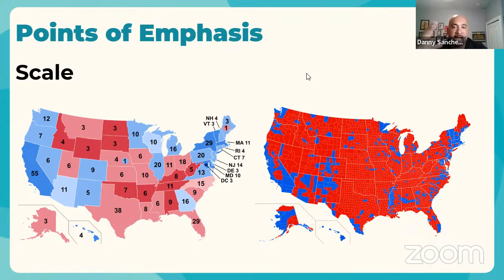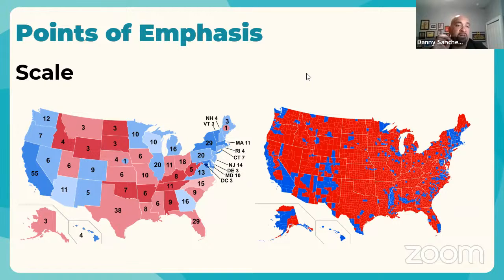What does scale of analysis mean? I want you to focus on that word analysis. What are you analyzing? What is that bit of information that you are looking at and trying to understand? And as you look at the scale of analysis, I want you to look at both of these, the map on the left that shows the results of the 2020 election, and the map on the right that shows you the same results of the 2020 election.